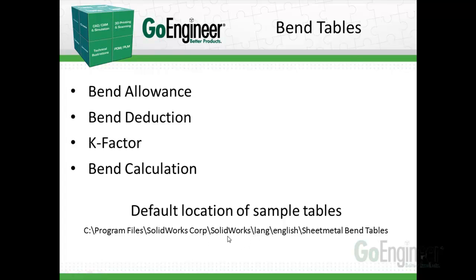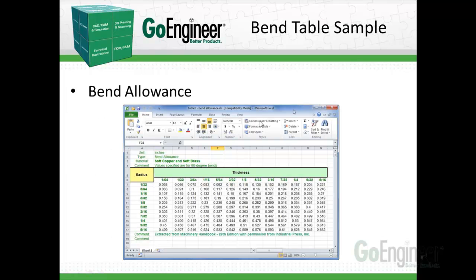It's just your SolidWorks install directory, and there under Lang, English, you'll find a folder called Sheet Metal Bend Tables. There are a bunch of sample tables in there. Then you have a bend calculation. It's not really a table. I'll show an example of that, but it's a way to calculate your bends using an equation.